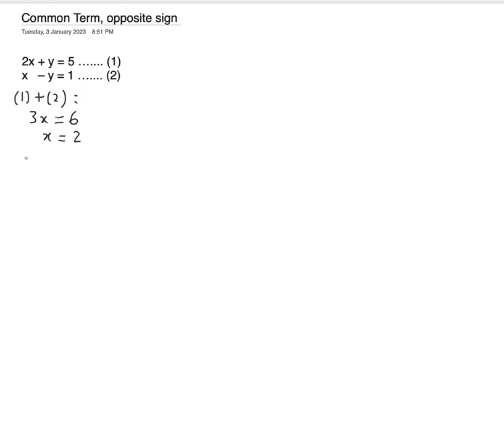So after finding x, we need to find y. We need to choose the equation that will make our calculation easy. In this case, I chose to substitute x equals 2 into the first equation, where the y term is positive.